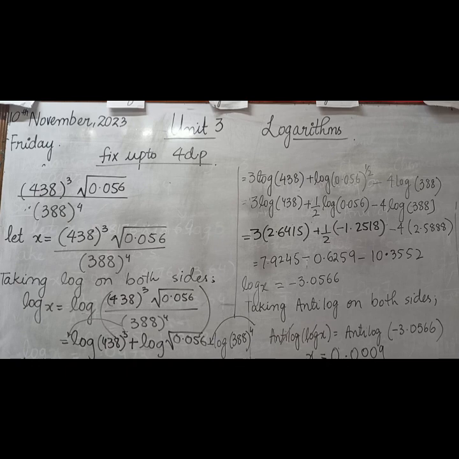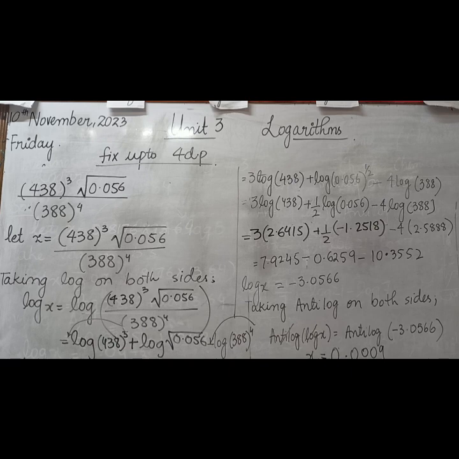So we solved it step by step. First of all, we let x is equal to the whole expression. Then we take log on both sides. Then in the next step we apply the laws of logarithms to solve out the value. Then we find out the values of log, and in the end we calculate the anti-log to find out the final value of x.